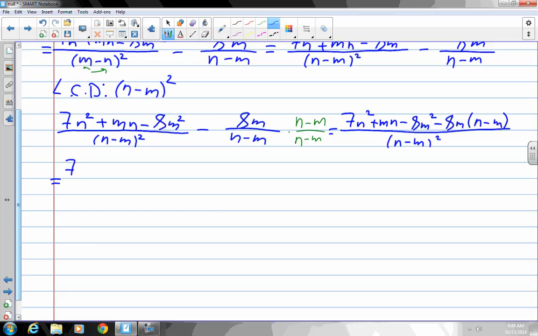So let's just do that. 7n squared plus mn minus 8m squared. Then distribute. Negative 8m gives you negative 8mn plus what? 8m squared.